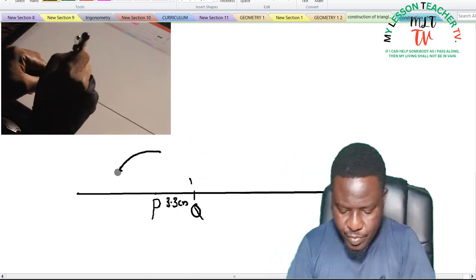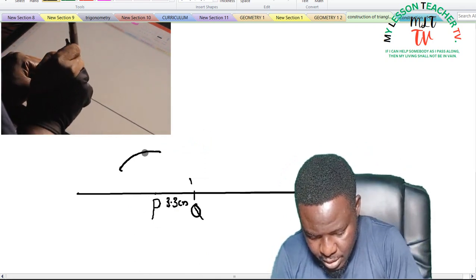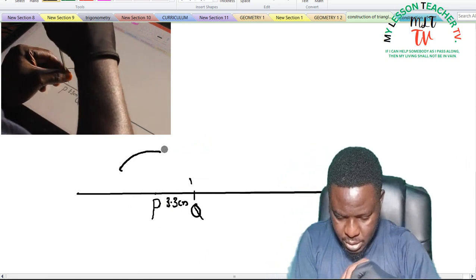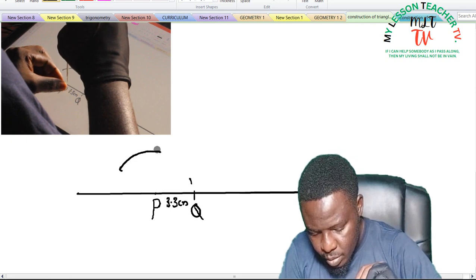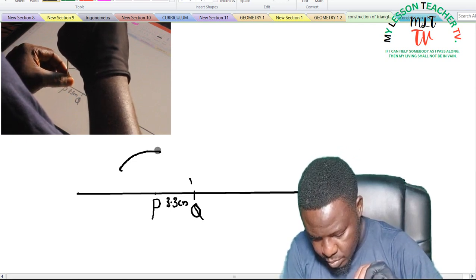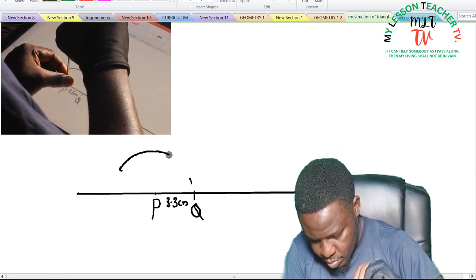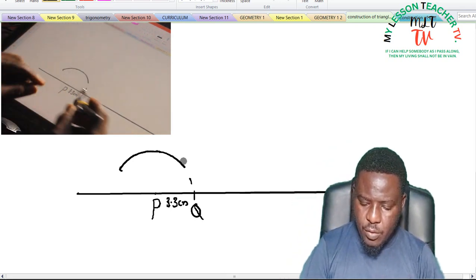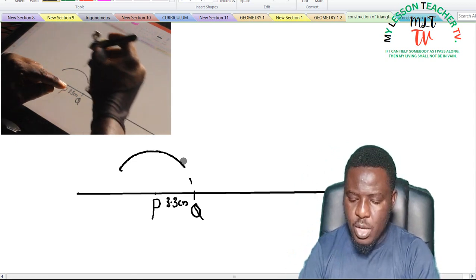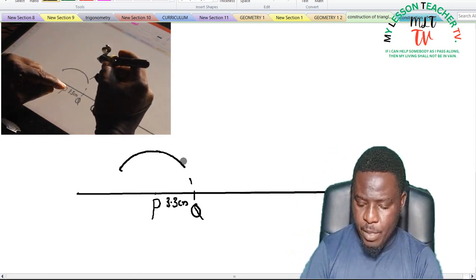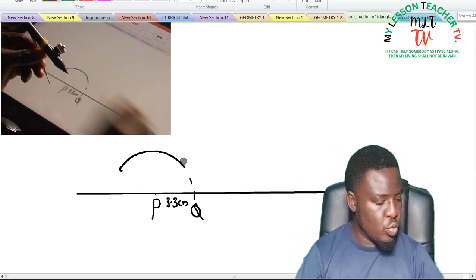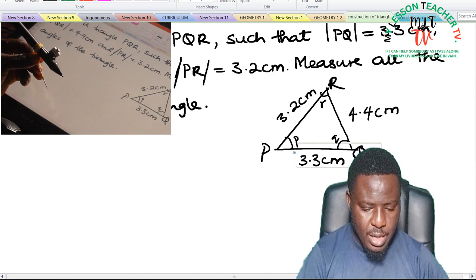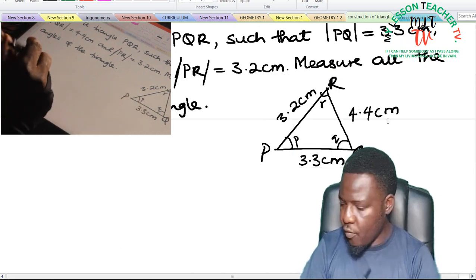So let me also extend it because it needs to cut across this. Okay, so from point P to any point on the circumference of the arc is said to be 3.2 centimeters, while I'll measure line QR to be 4.4.